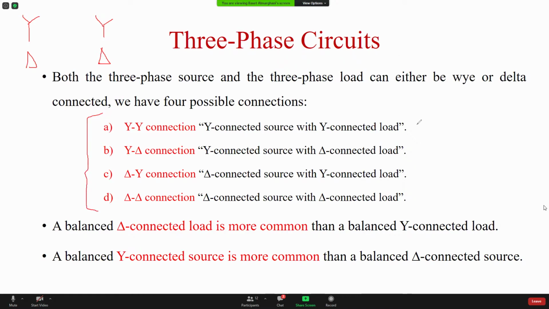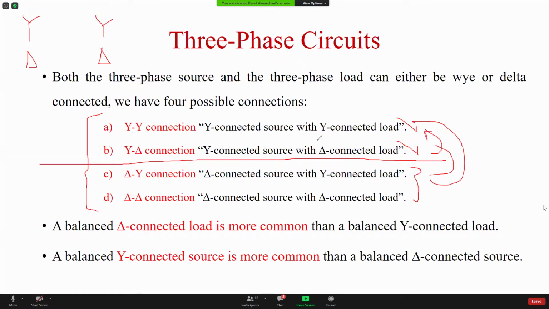Now this is the easiest to analyze. This is very common. So those are the ones that we're going to focus on more than these ones. When we do the analysis for these ones, sometimes we change the other three into YY so we can do the analysis easily.